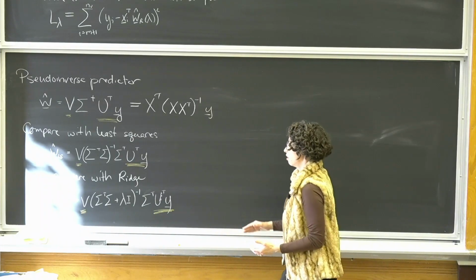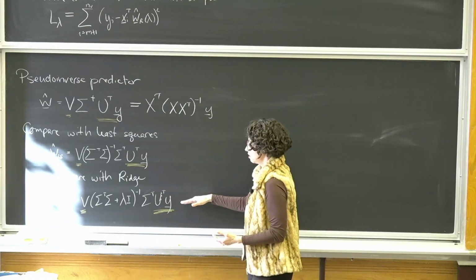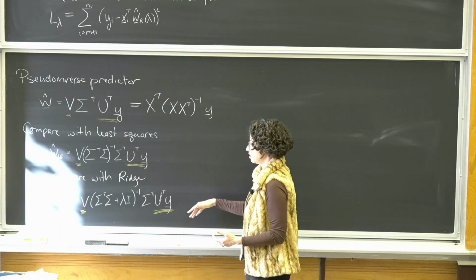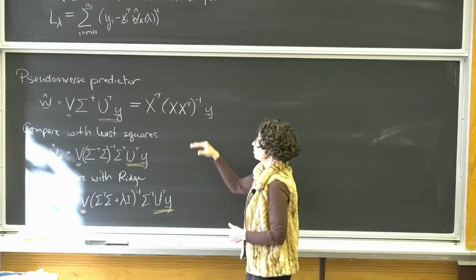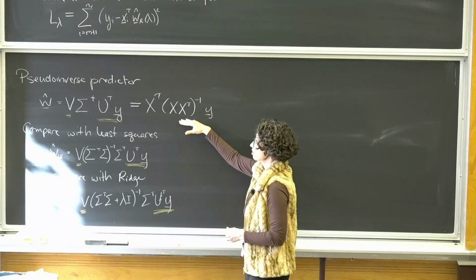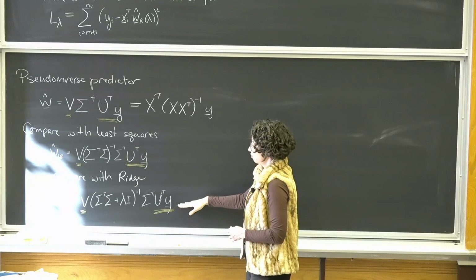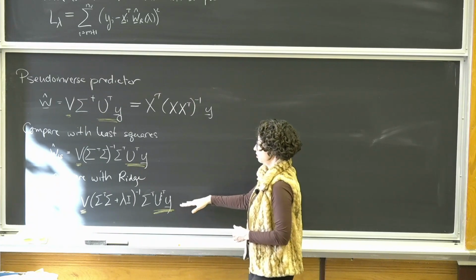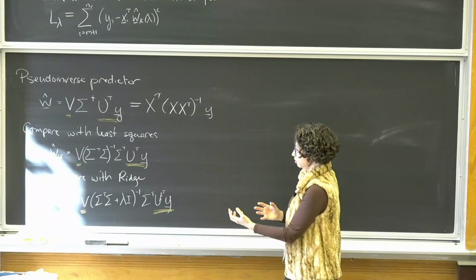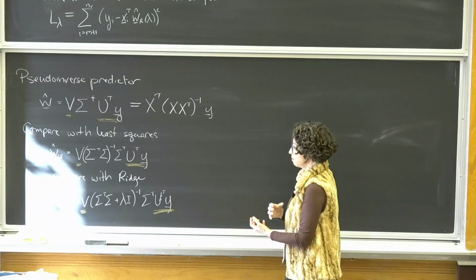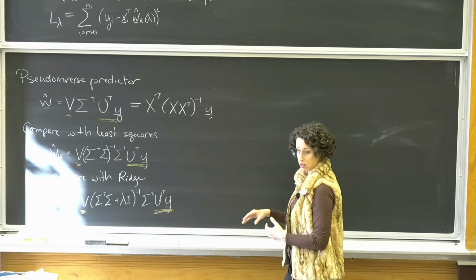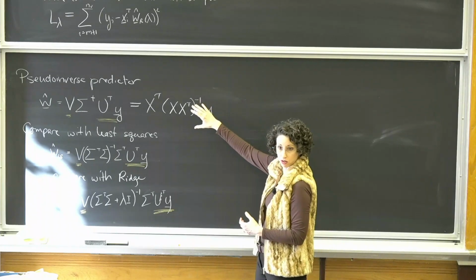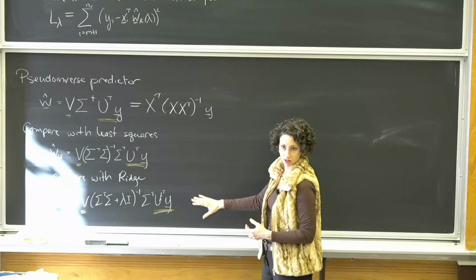And we are, through these choices, deciding which weight vectors we are going to give preference to. So I'm going to talk a little bit more about the pseudo-inverse in a second. But with the ridge regression, we are explicitly saying that we want this balance between squared error and the sum of the weights in the weight vector. So that is conceptually very similar to what the pseudo-inverse is doing, but they are not the same thing.